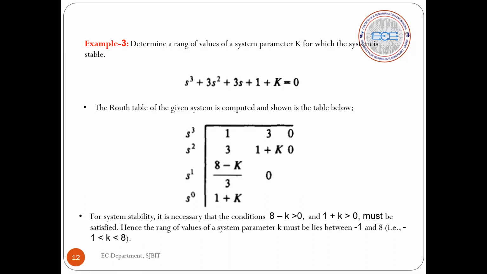Then we will not find any sign change in the first column, and we can declare the system is stable. According to these two conditions, k must lie between -1 and 8. So -1 should be less than k and k should be less than 8. Between these parameters it has to change for the system to be stable.